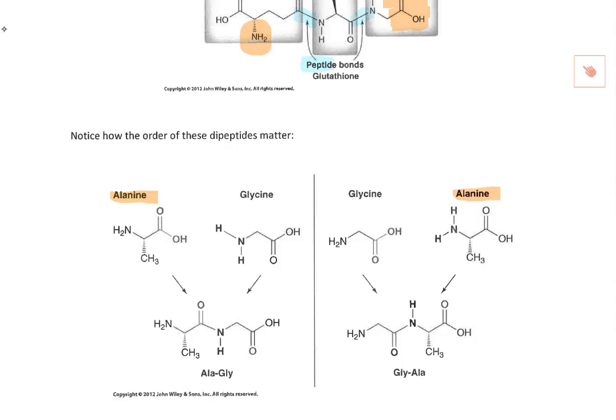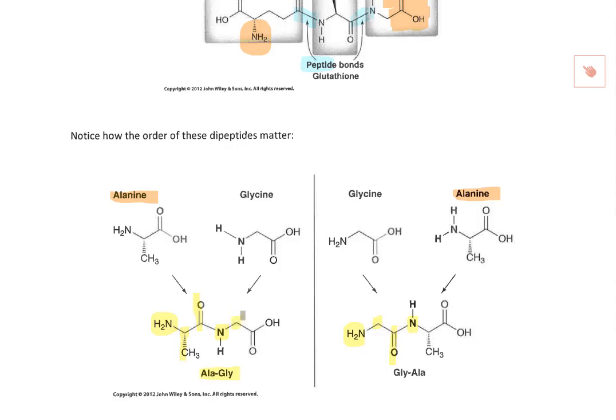So let's start with alanine glycine. We've got an NH2. Oh, and over here, look, we have an NH2. And then connected to that is a carbon with a methyl. And oh my goodness, look at that. Carbon, but no methyl. And then we have a carbonyl. Oh, I got a carbonyl. And then I have a nitrogen, and I have a nitrogen here.